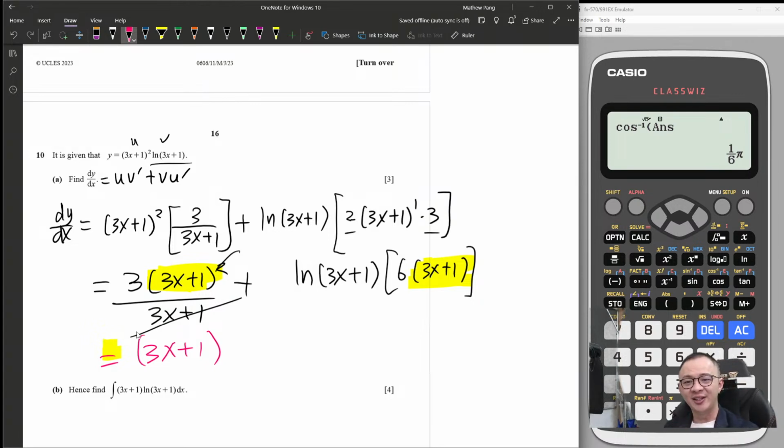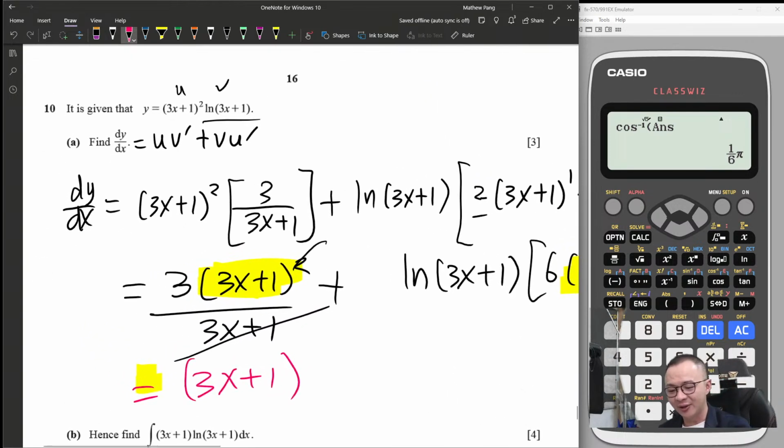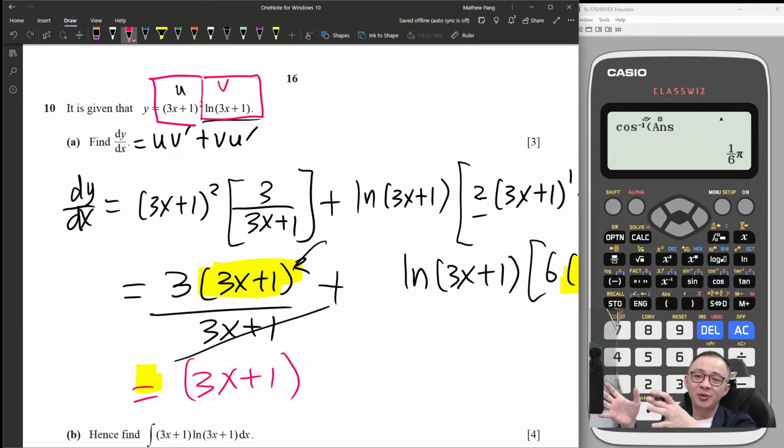How to get v? For the product rule, you have two different terms. This will be a term v, this one will be a term u. Whatever term comes first will be u, and the other term at the back will be v. To get v prime, you differentiate v.